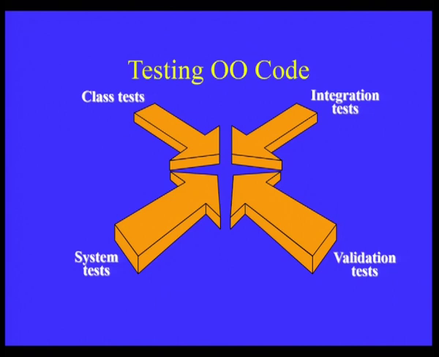There are, as I said, 49 varieties of tests. If you are doing a good testing of the OO code, class tests, integration tests, validation tests, system tests must all converge on that OO code. Only then can we tell that the testing is happening. How do we build that? What are we going to do? This is the concern.